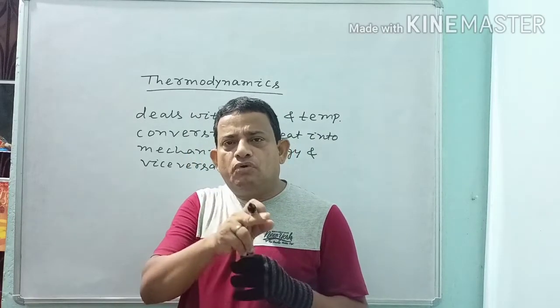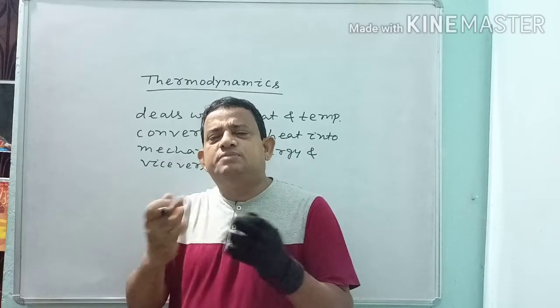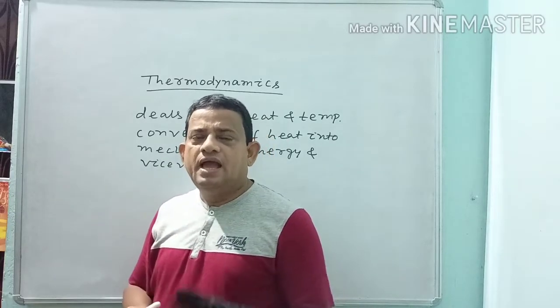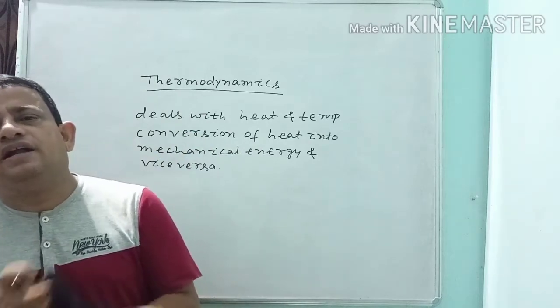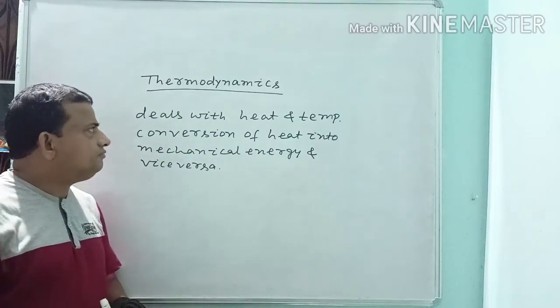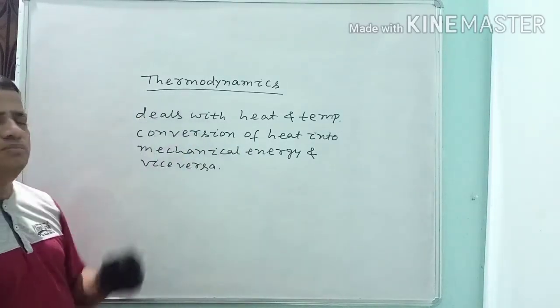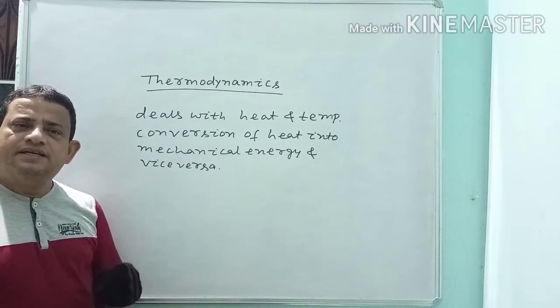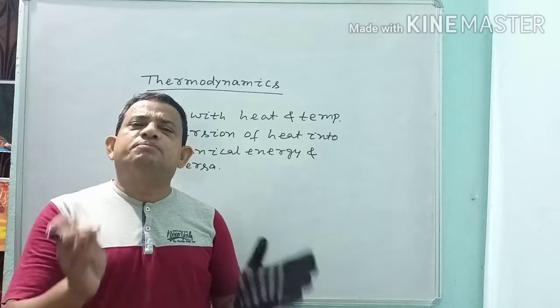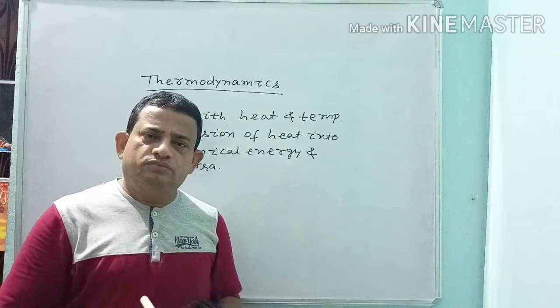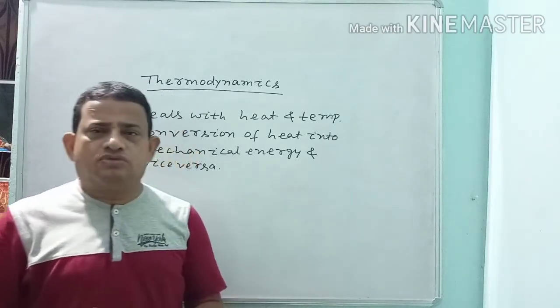So thermodynamics, dynamics means in motion, and thermo relates to heat and temperature. In this thermodynamics, there are some terms used which is important for us to know. What are these terms?